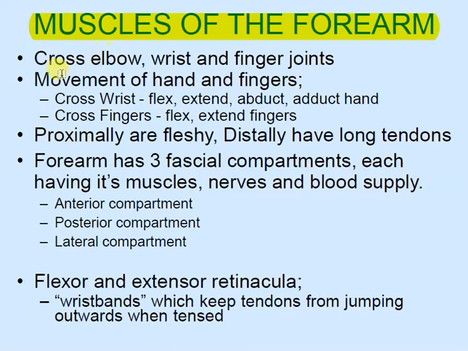So, the elbow, wrist and finger joints. These muscles cross the elbow joint, the wrist joint and the finger joints. They control the movement of the hand and fingers. Because they cross the wrist, they flex, extend, abduct and adduct the hand.